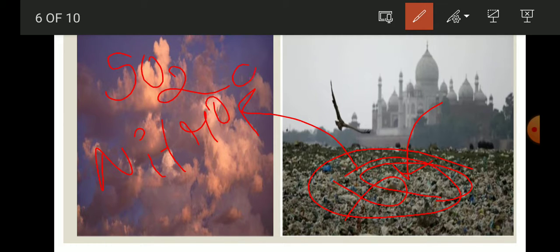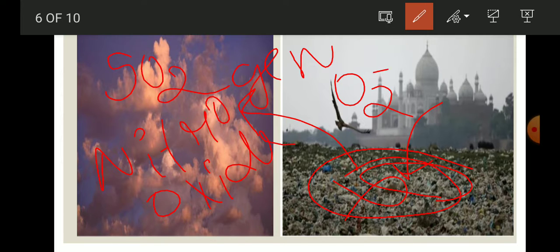And what are these? These are gases, okay, and when these gases go higher they may form a cloud. And students, you all know that in our surroundings we have oxygen, and we also have water molecules in the form of water vapor.